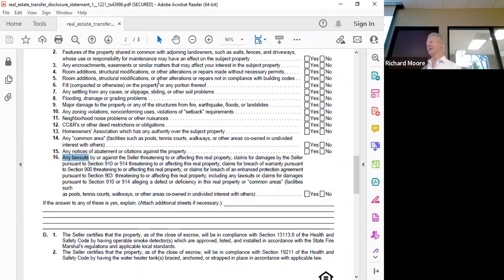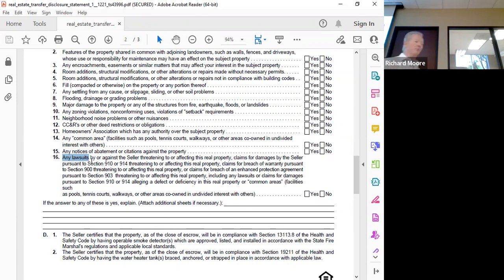Let's say, for example, that the buyer makes a claim that there's a construction defect. So there's a non-adversarial process that the parties must go through. So with that said, it's asking about that information also under California Civil Code 910, 914, and 900.